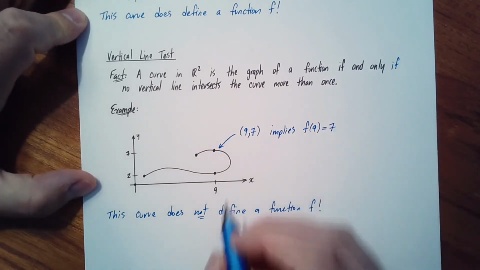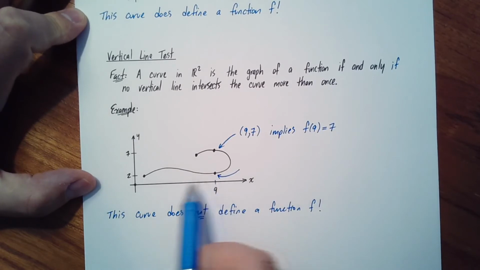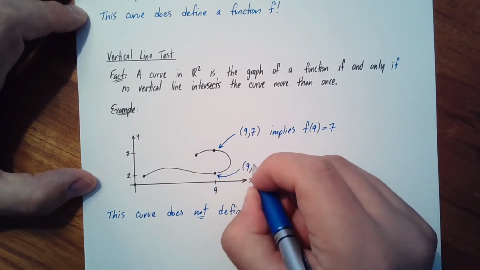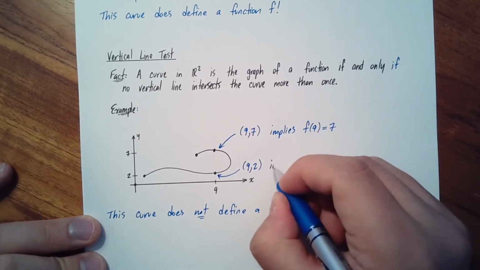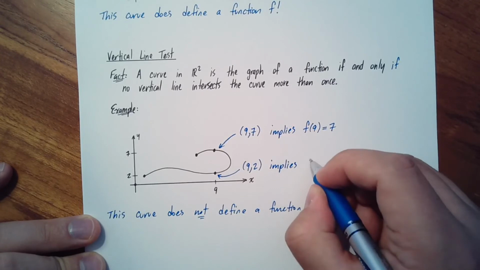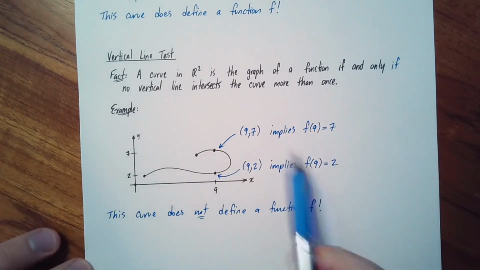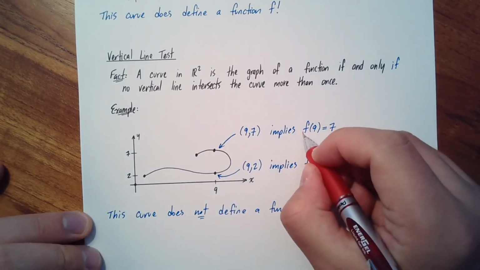Okay, and this point down here has an x-coordinate of 9 and a y-coordinate of 2. So it's the point 9, 2. Well, using the same logic again, this would imply that f of 9 is equal to 2. So this point says f of 9 is equal to 7, and this point says f of 9 is equal to 2. Well, that's not a very good function if it's contradicting itself, right?